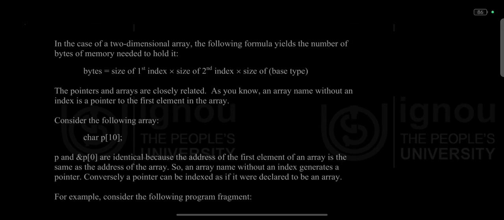p and &p[0] are identical because the address of the first element of an array is the same as the address of the array. So an array name without an index generates a pointer. Conversely, a pointer can be indexed as if it were declared to be an array.